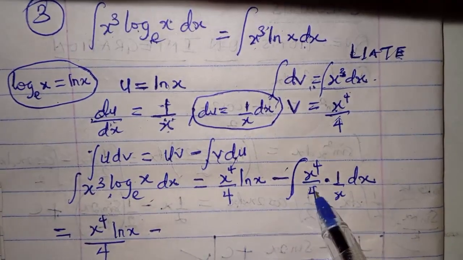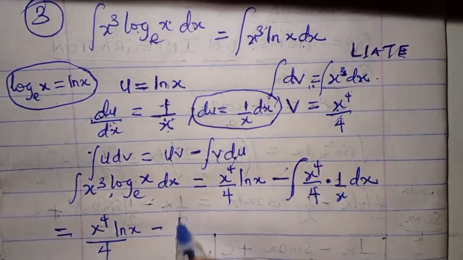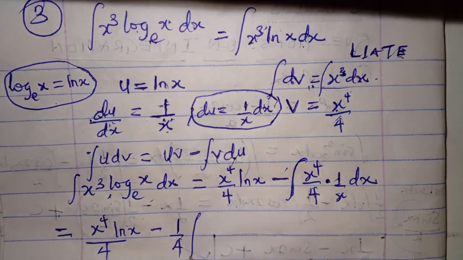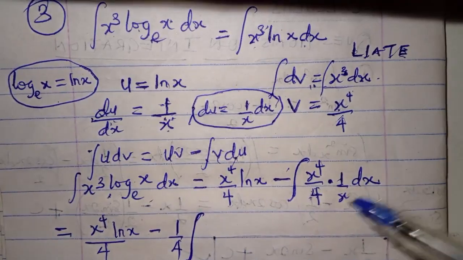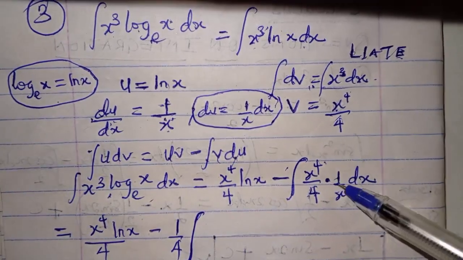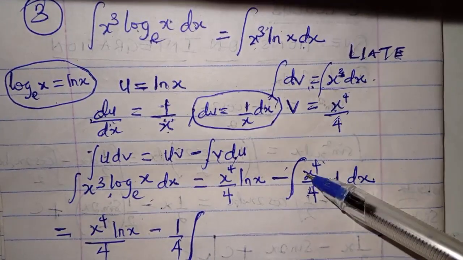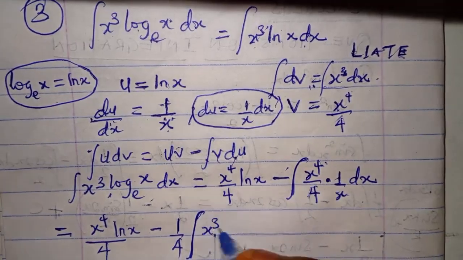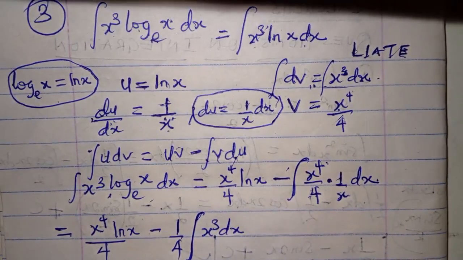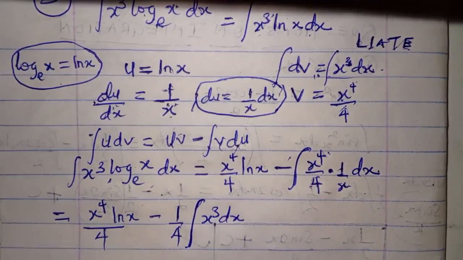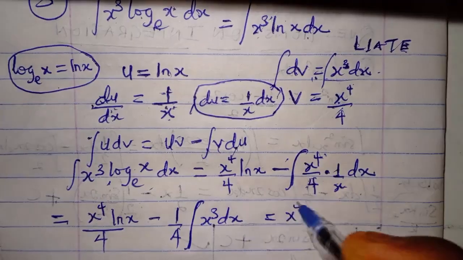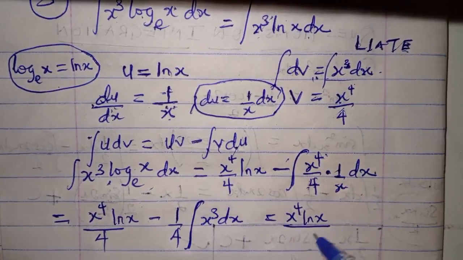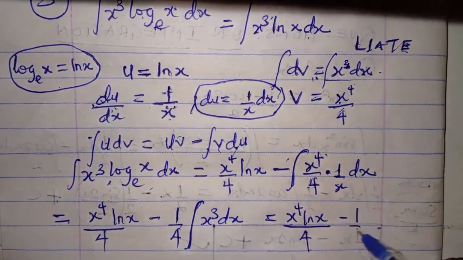I can bring 1 over 4 out from here into the integral of what? This is x raised to the power 4 all over x. So x raised to the power 4 divided by x is x cubed dx. Okay, so this is equal to x to the fourth ln x all over 4 minus 1 over 4.